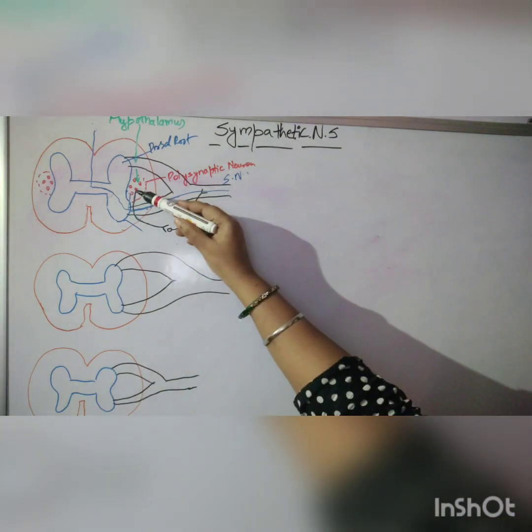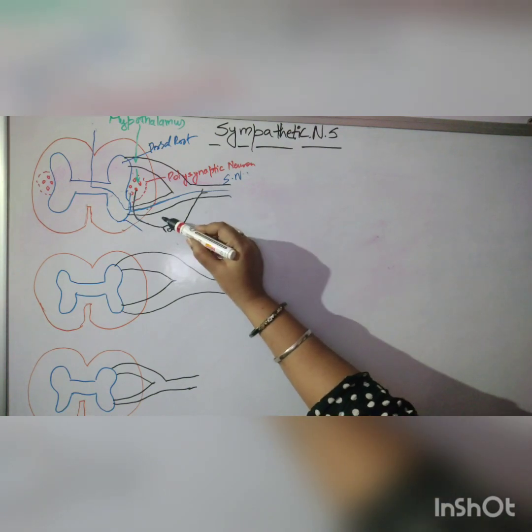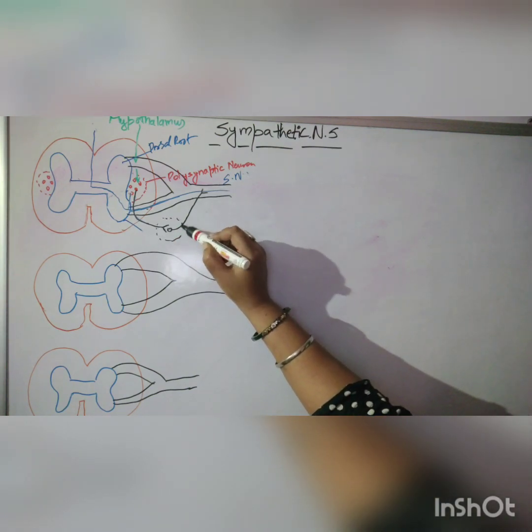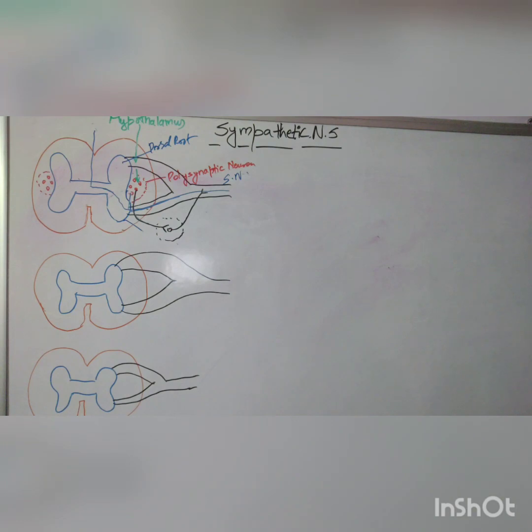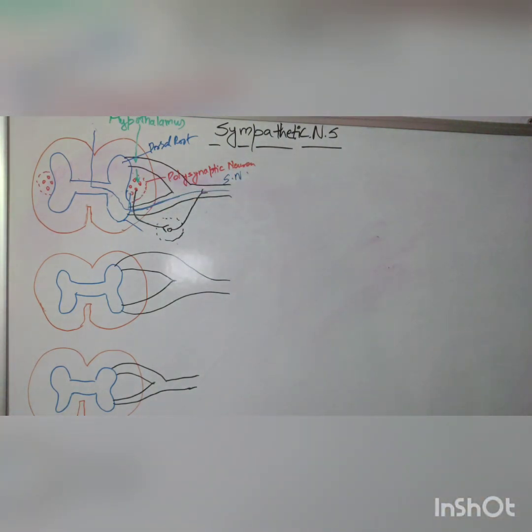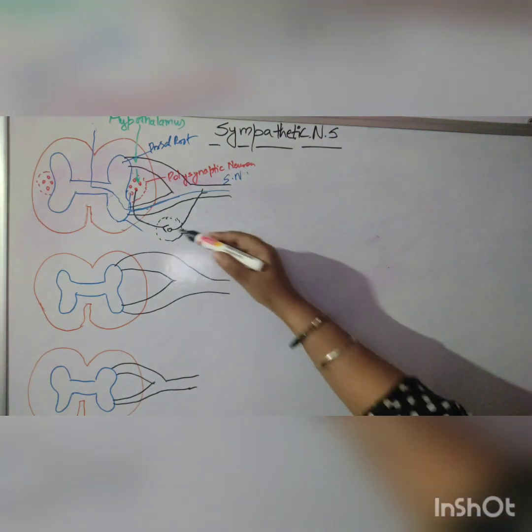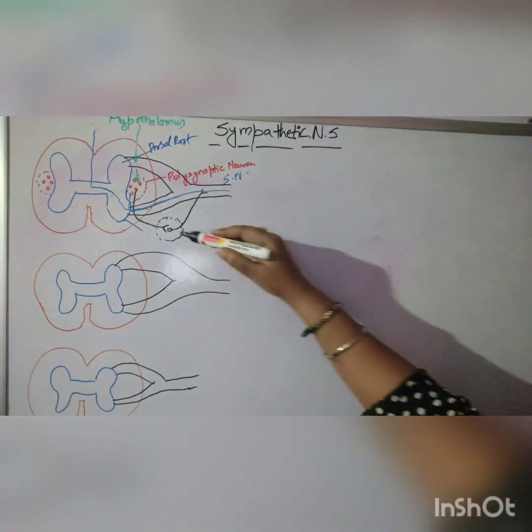So one neuron is ending here, another is carrying that message, so there is a junction here. You know, this neuron is myelinated. Myelinated, we know, means containing fats, and appears white. So here there is the junction of the axonal part and the dendritic part of the neurons.